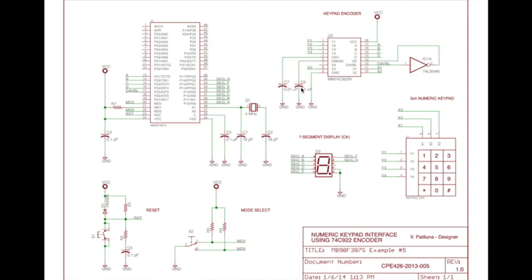And these are the 2 capacitors required for the keypad encoder to function properly. You have to place a capacitor at the oscillator, pin number 5, of about 0.1 microfarad, while KB MSK, pin number 6, should be 10 times the capacitance of the capacitor connected at OSC, pin number 5.